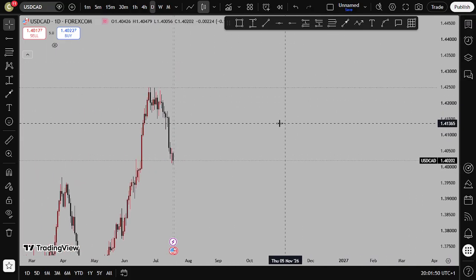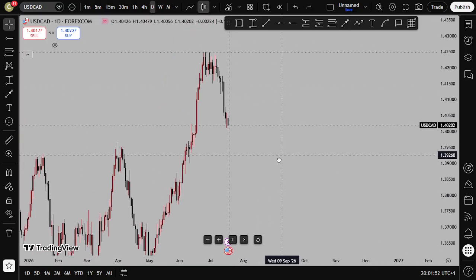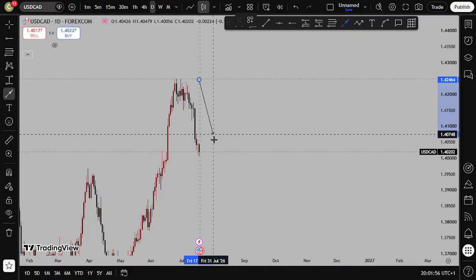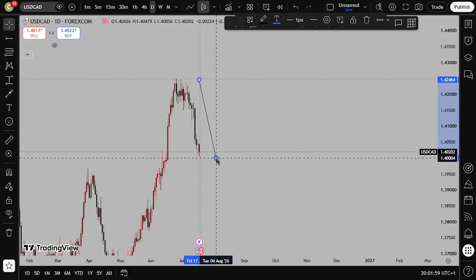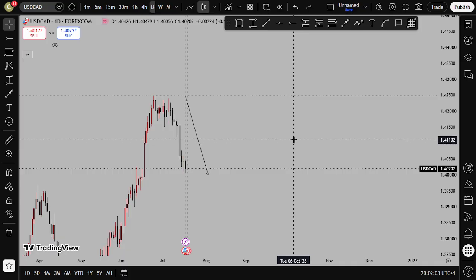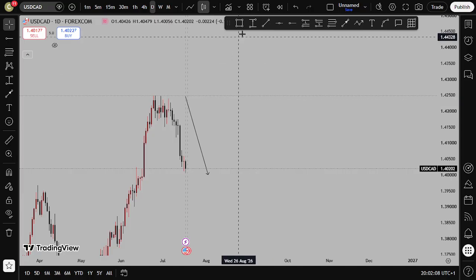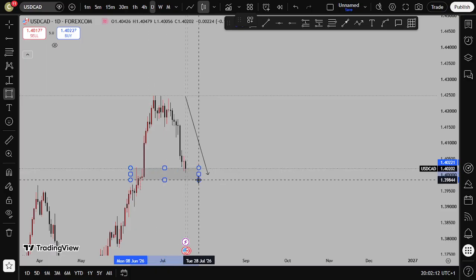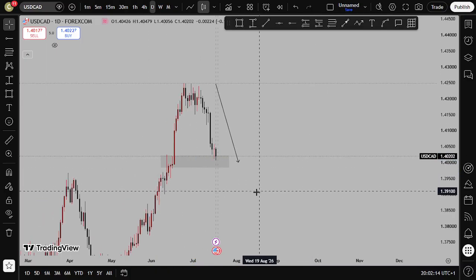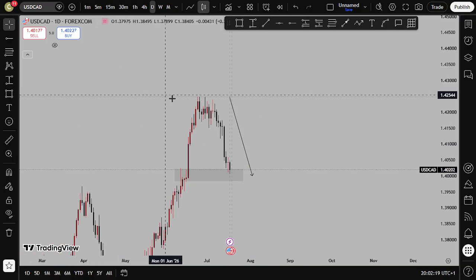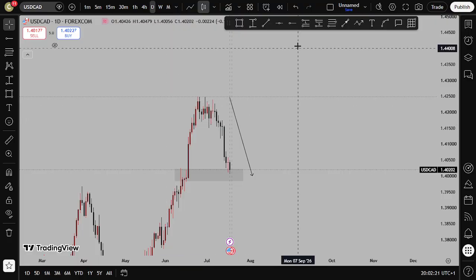On the daily time frame, note the price has been moving downward. Price has been pushing down. Now we have this demand here. So our bias on USDCAD here is bearish.